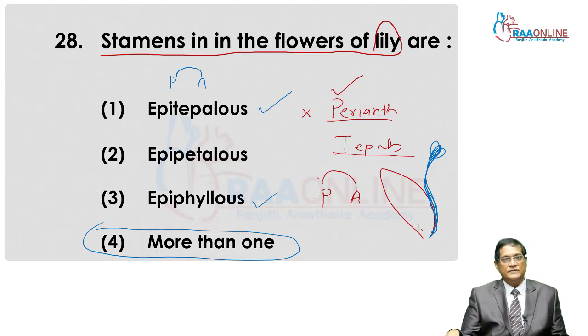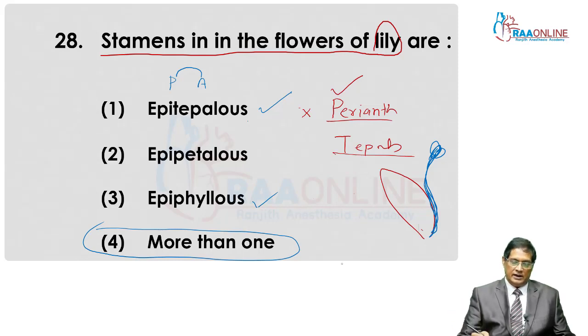This is adhesion of stamen, and the specific word for that is epitepalous or epiphyllous, a feature of family Liliaceae. You can also see it in the Solanaceae family, where the stamens are partially or fully united with the petals.